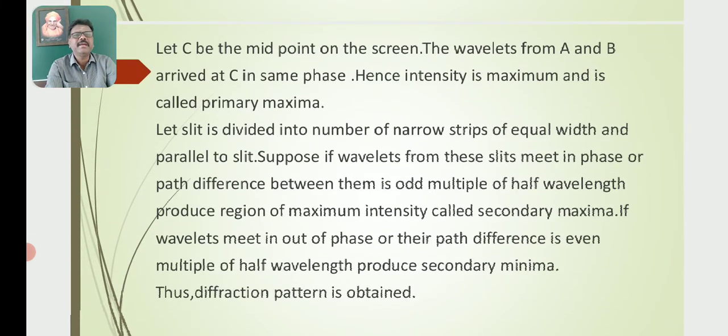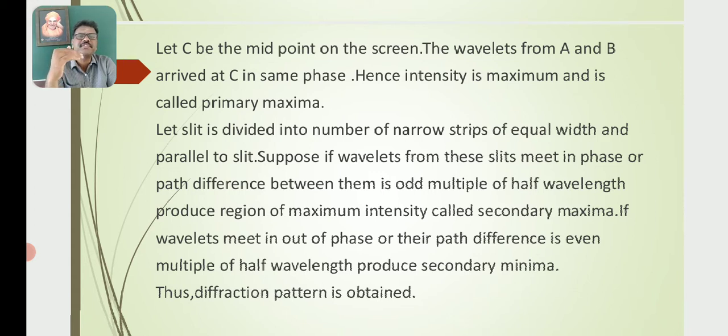Let C be the midpoint on the screen. The wavelets from A and B arrive at C in the same phase. Hence, intensity is a maximum and is called the primary maxima. Let the slit be divided into a number of narrow strips of equal width and parallel to the slit.